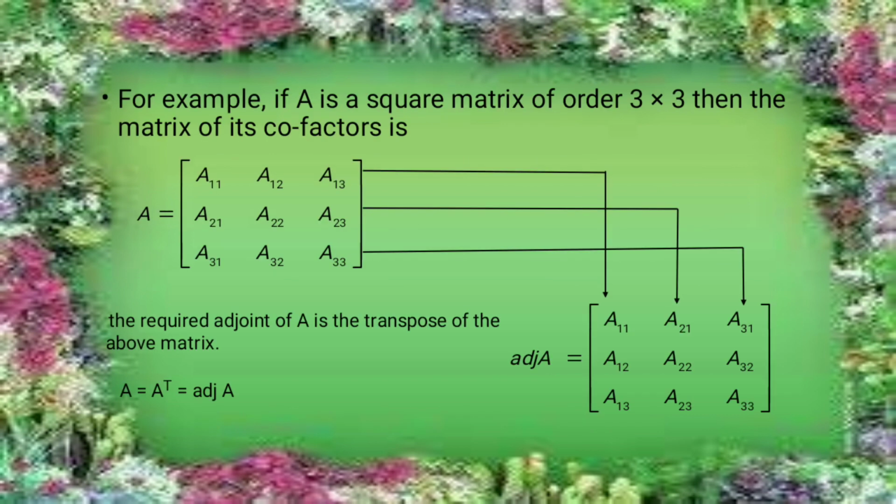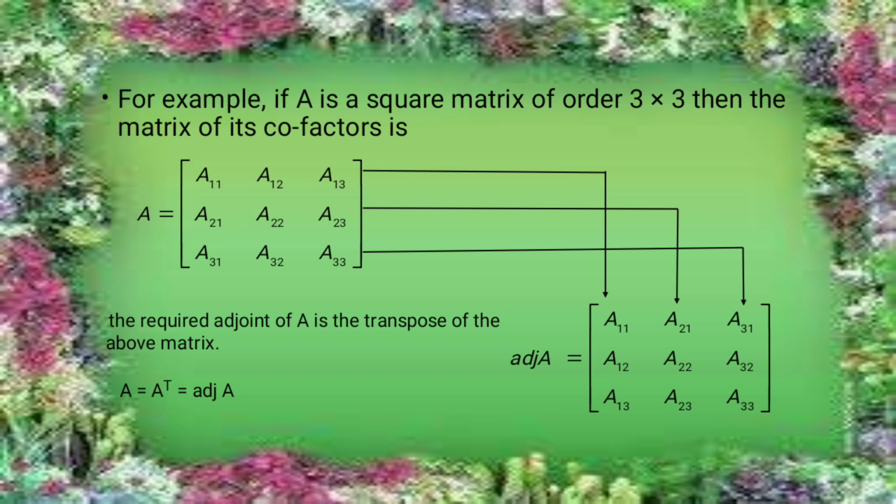Now let's see the example of how to find the adjoint using the cofactor matrix. If A is a square matrix of order 3 by 3, then the matrix of its cofactors is A11, A12, A13, A21, A22, A23, and the last row A31, A32, A33.